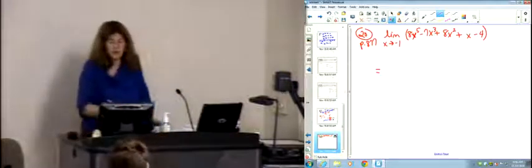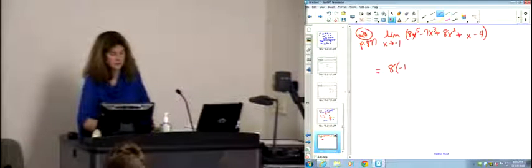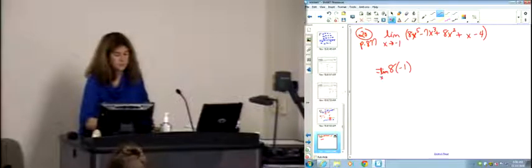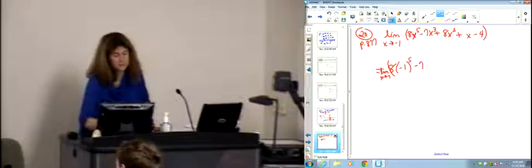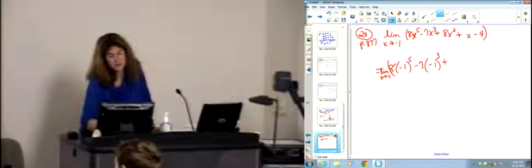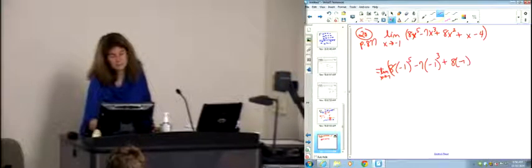When you plug in -1, I forgot to still write my limit part here. I haven't done the limit yet, so I should still write that I'm taking the limit, even though we know it's going to be whatever it is that we get here.